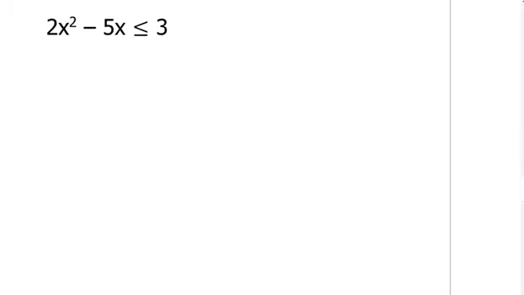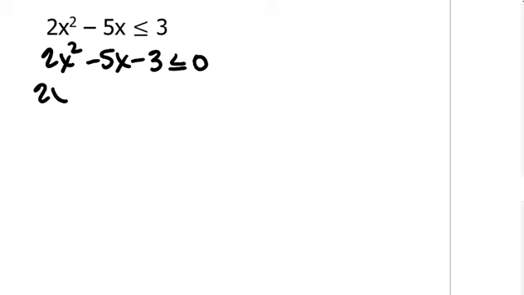Here we've got one where the leading coefficient is not 1. So I'm going to start by setting it to 0. And I'm going to look and say, are there two numbers that multiply to -6 and add to -5? Yes. That's -6 and +1.